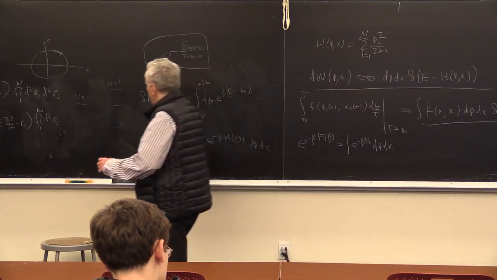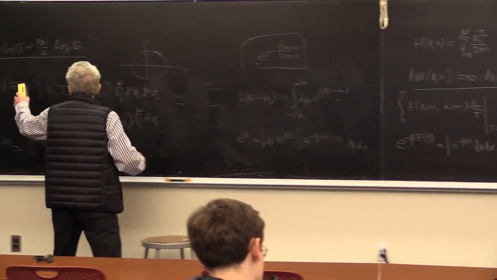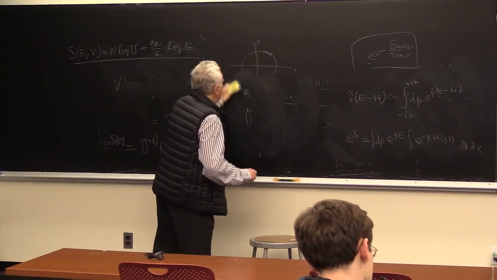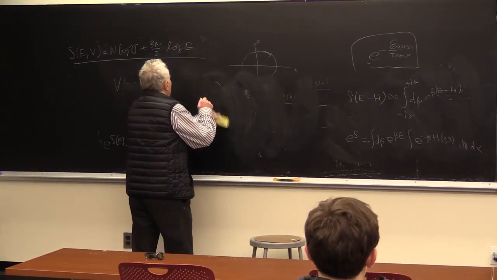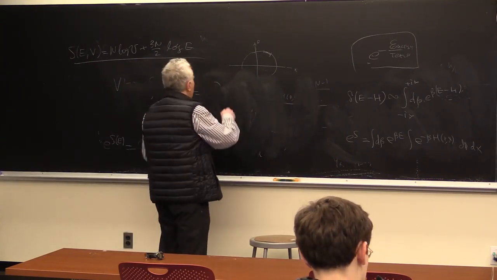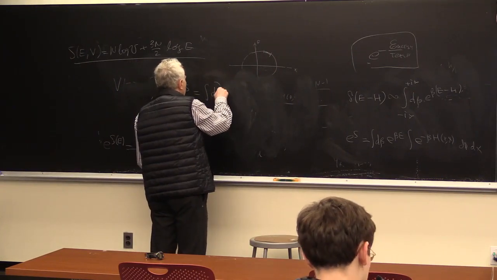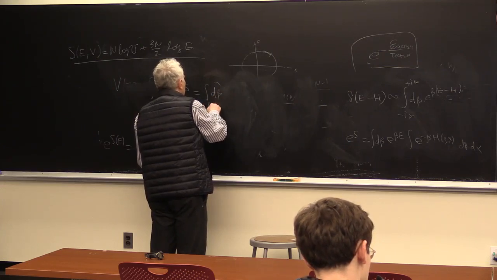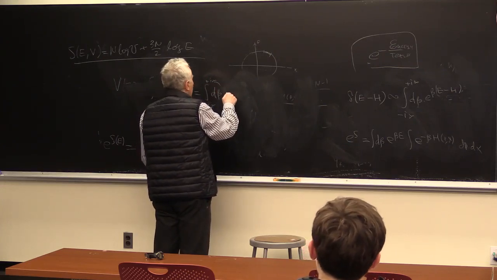And then we get the following relation for the entropy, that e to the S is an integral over d beta from minus infinity to plus infinity, e to the beta E minus f of beta.